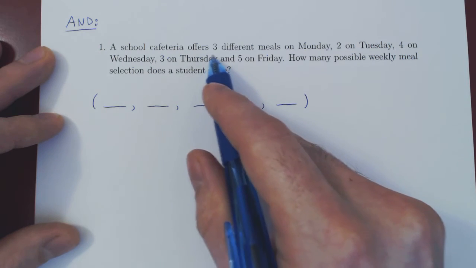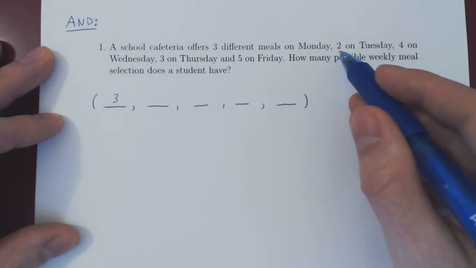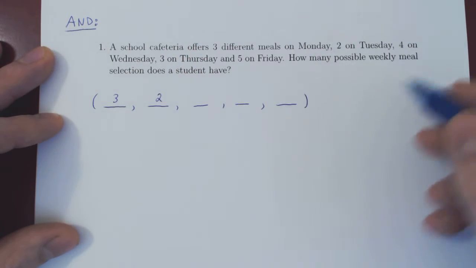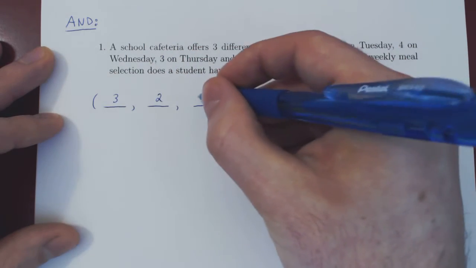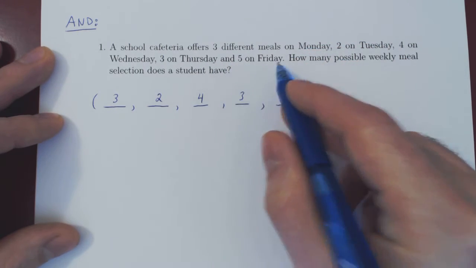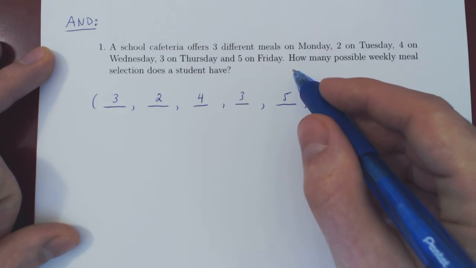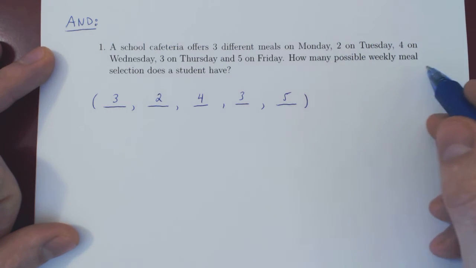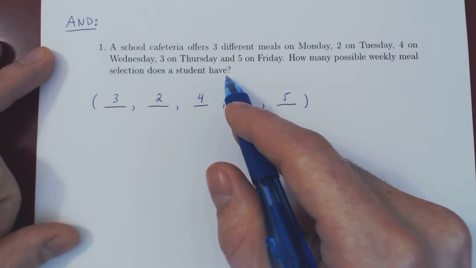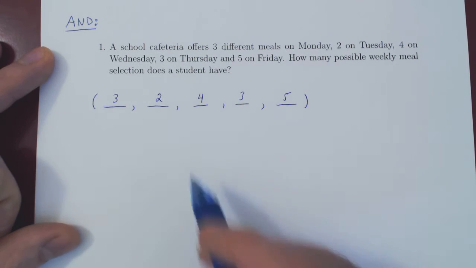Well, we have 3 choices for Monday, 2 choices for Tuesday, 4 choices on Wednesday, 3 choices on Thursday, and 5 choices on Friday. So again the question is how many possible weekly meal selections does a student have? We're asking for the total number of possible such selections.